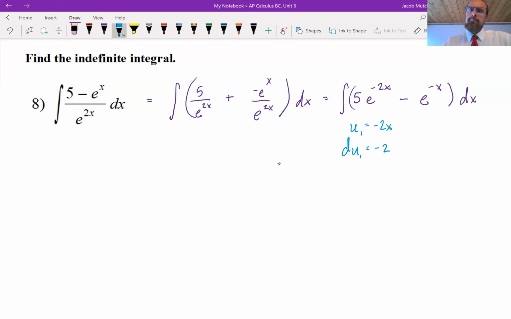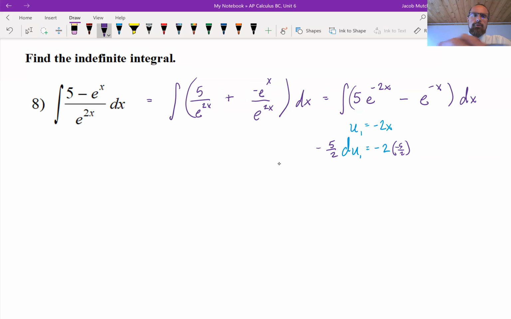So I need that to be 5. I see that I've got a 5 there. So the way that I could do that is multiply by 5 halves on the outside. So if I include that over here, you can see that's going to reduce down to just 5. In fact, that needs to be negative 5 halves.